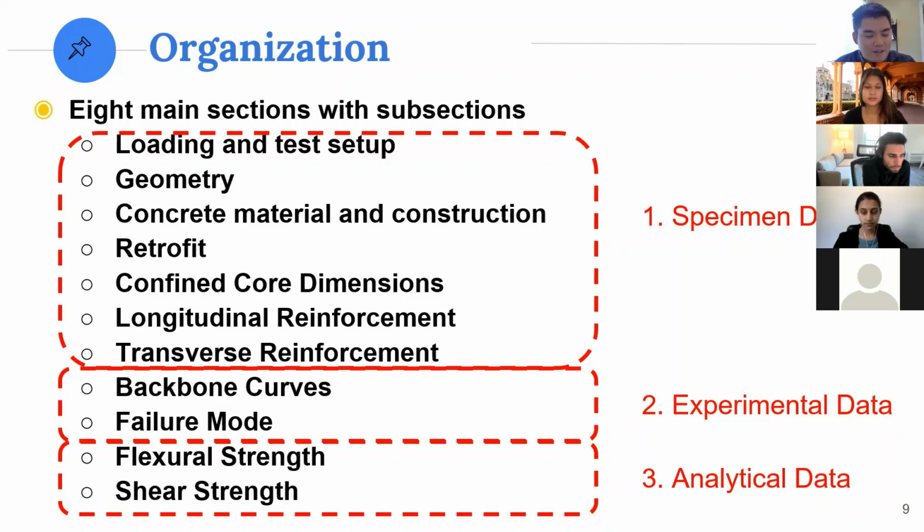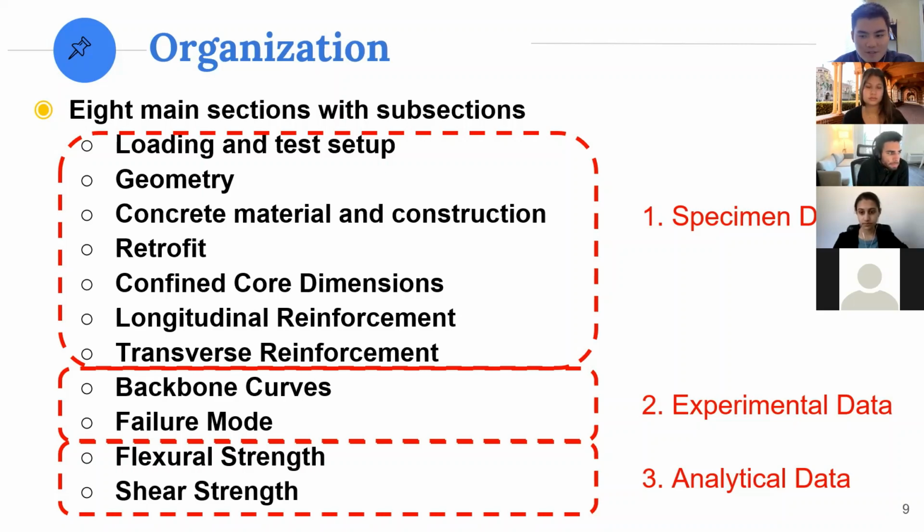So specimen data includes loading and test setup, geometry of the column, whether it is circular or rectangular, and the material properties and construction methods, such as the steel reinforcement properties and concrete properties, and retrofit schemes, how the columns are retrofitted, whether it is through steel or fiber, carbon fiber, sorry, and glass fiber, and combined core dimensions, longitudinal reinforcement and transverse reinforcement.